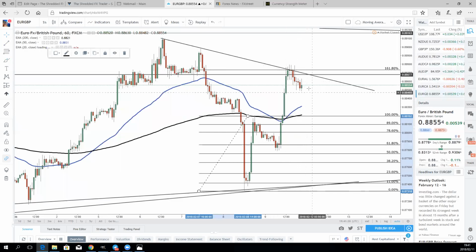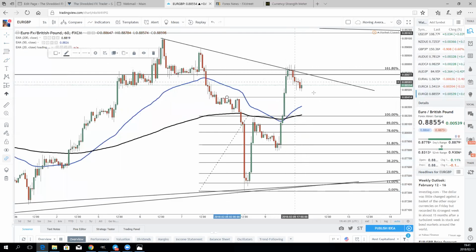Should have another flag, some more consolidation, possibly to this level. Boom, back up. Here we got our highs. We test this level here.